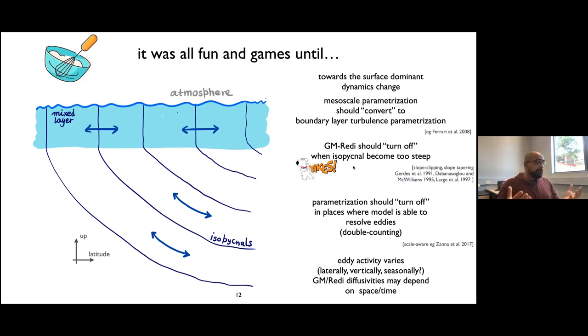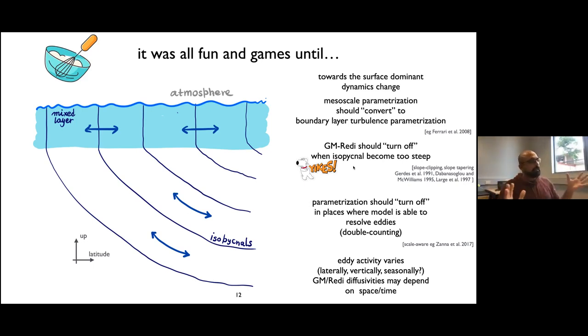For a given model resolution, we might be able to resolve eddies in the tropics, for example, and not resolve them far out at the poles. So the parameterization should not be on in regions where we actually resolve eddies, because then we'd be double counting the eddies. So we go into things like scale-aware parameterizations, and there's work done on that aspect also.